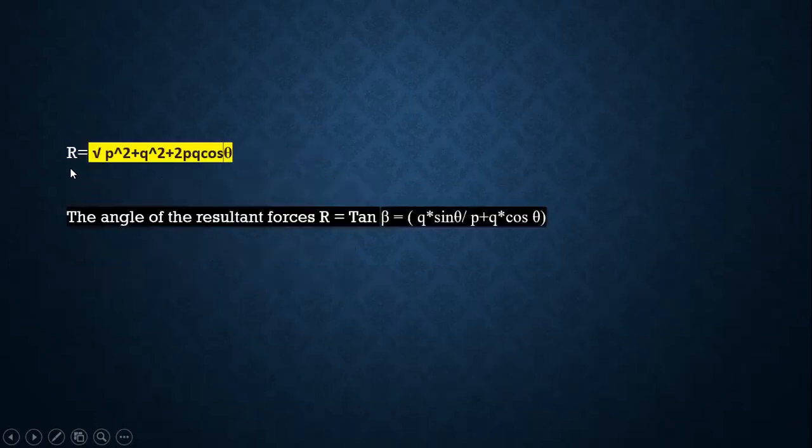This is the resultant force equation for the parallelogram law of forces. Take the square root: R is equal to square root of P square plus Q square plus 2PQ cos theta. The angle of the resultant force is given by tan beta equal to Q sin theta divided by P plus Q cos theta. Using both formulas, we can find the solution.